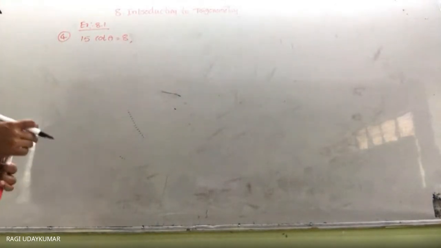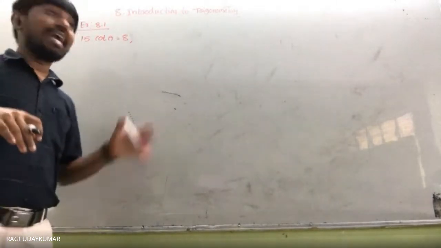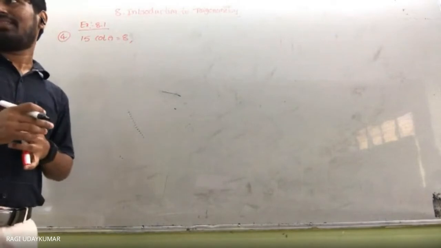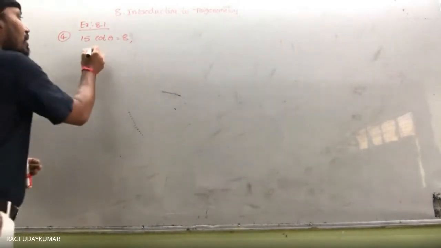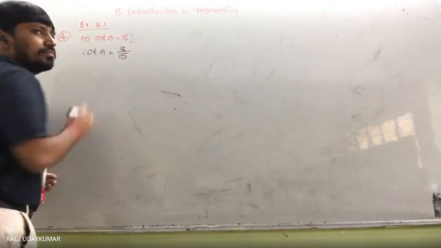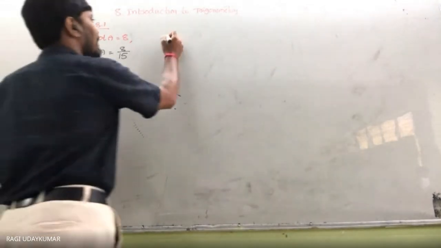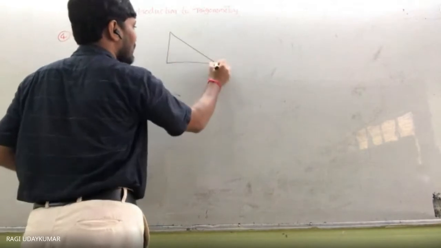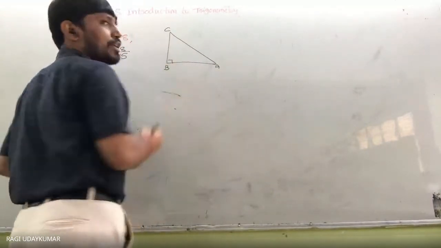Whenever this is given, you take a right angle triangle in which angle A is not 90 degrees, an acute angle. So from cot A is equal to 8 by 15, let us consider a right angle triangle in which angle A is an acute angle.